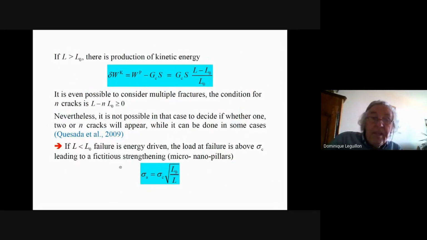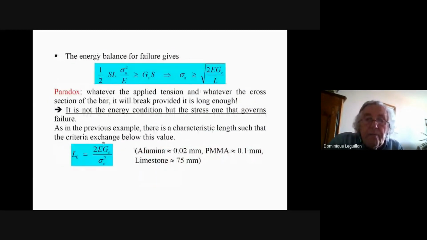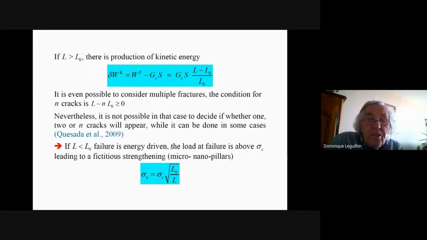Now there is something interesting. If L is smaller than L0, it means that for alumina, for instance, smaller than 20 microns, then failure is driven by the energy.